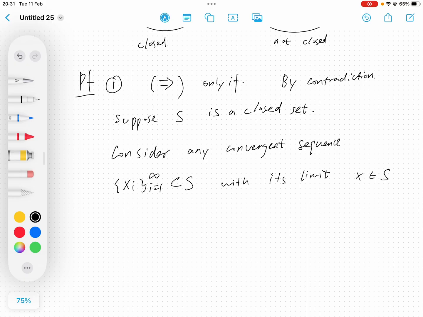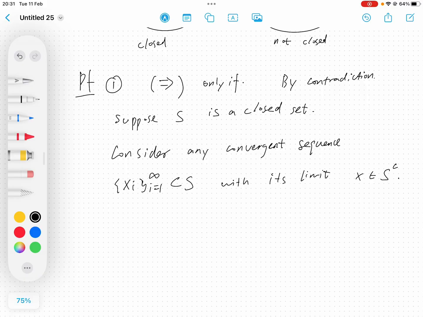But here, let's say this limit is in the complement of S, in Sc. This is what we start with because we want to use contradiction.